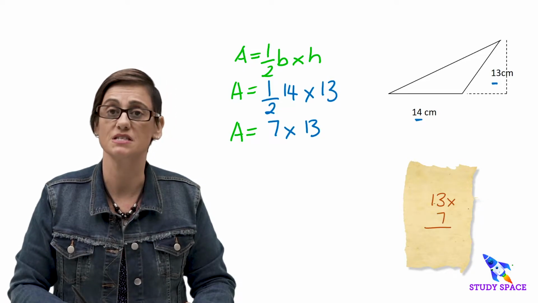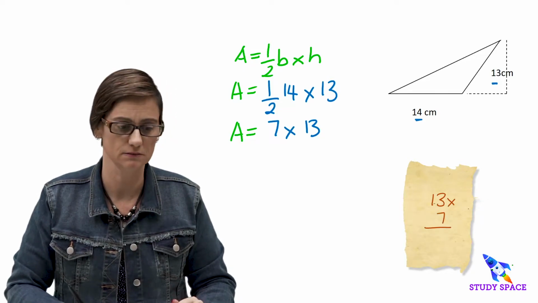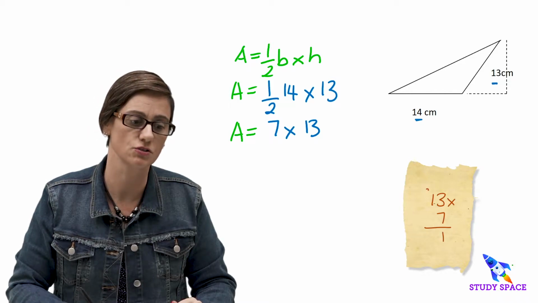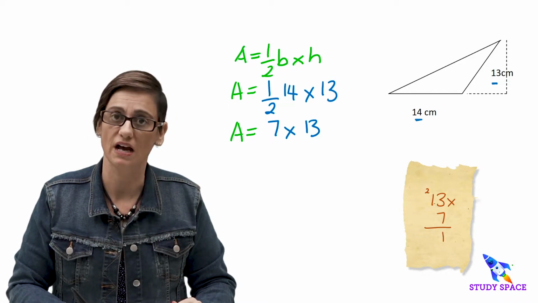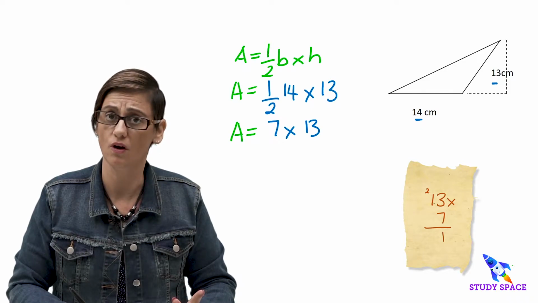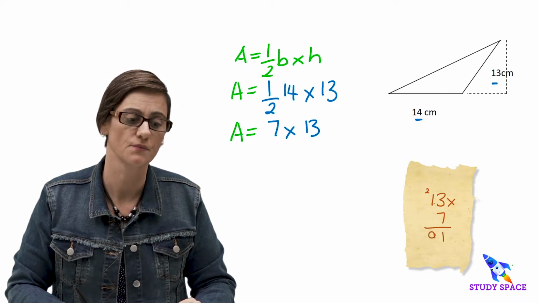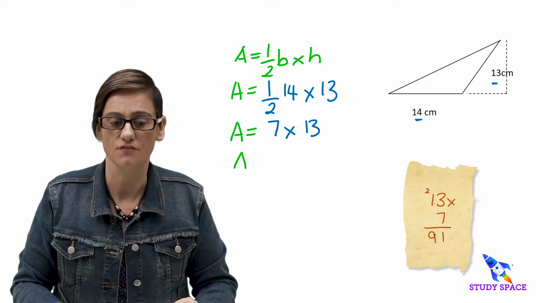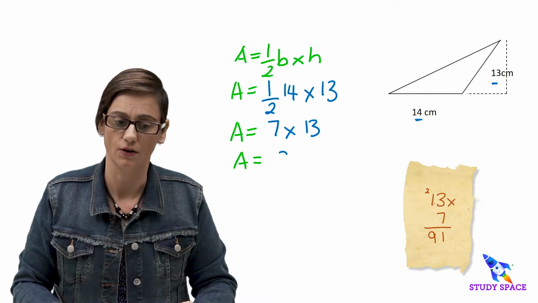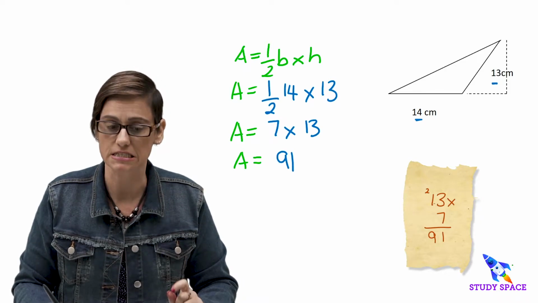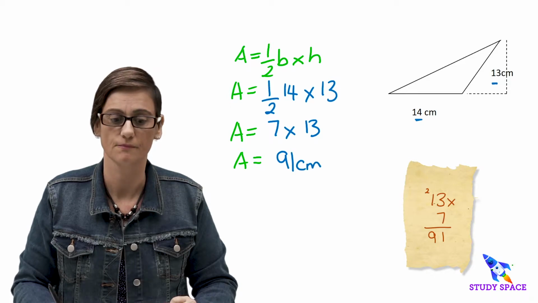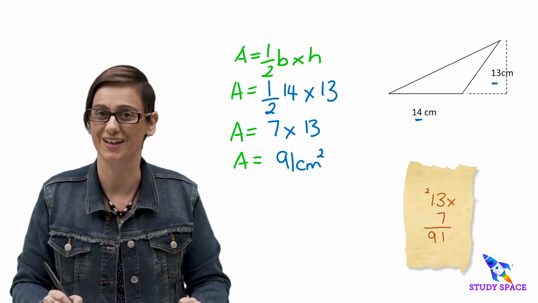So 7 times 3 is 21. So write the 1 down and carry the 2. 7 times 1 is 7, plus 2 more is 9. So the area of this triangle equals 91 centimetres squared. Don't forget your squared.